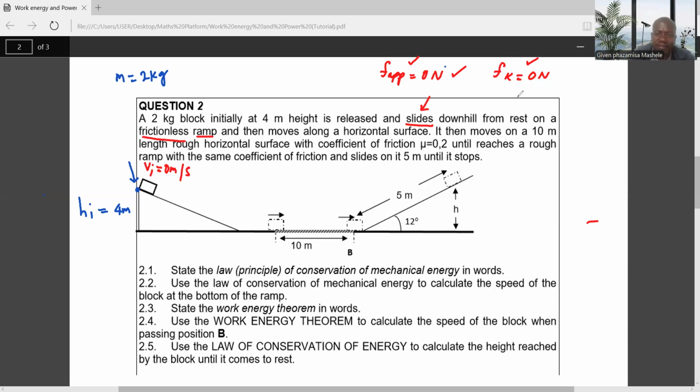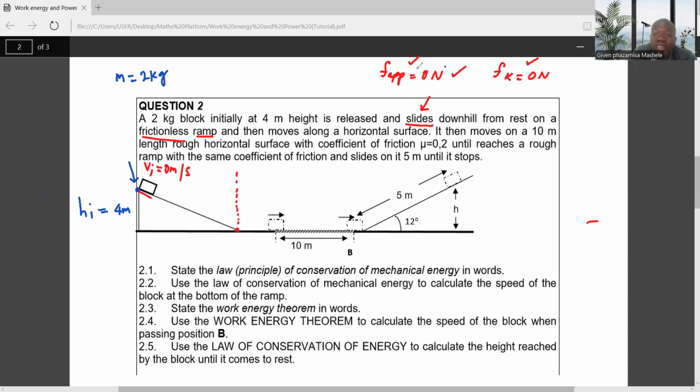What does it mean? And it's very important, guys. You need to read the question and understand. It was released from a height of 4 from rest on a frictionless ramp, then moves along a horizontal surface. Or it means up until here. From there, it moves on a horizontal surface. So it means from this point up until here, there is no force applied, there is no friction.